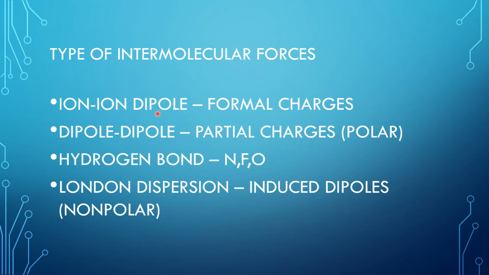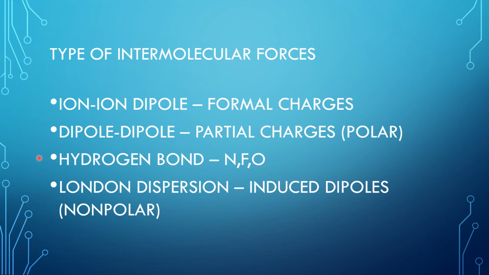Then the dipole-dipole, where there are partial charges under a polar bond, meaning unequal sharing. Because the sharing is not equal, there are partial charges. And the hydrogen bond is the bond we have with nitrogen, fluorine, and oxygen. And the London dispersion or van der Waals, where there are induced dipoles, is under non-polar. So, that is some of the types of intermolecular forces.